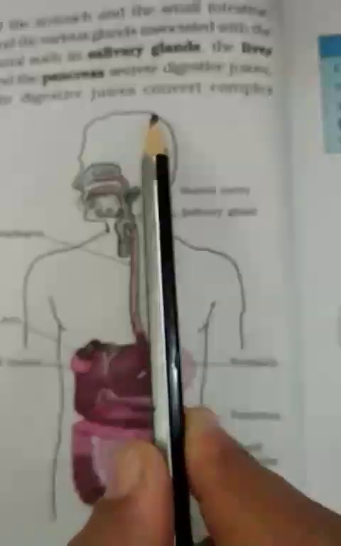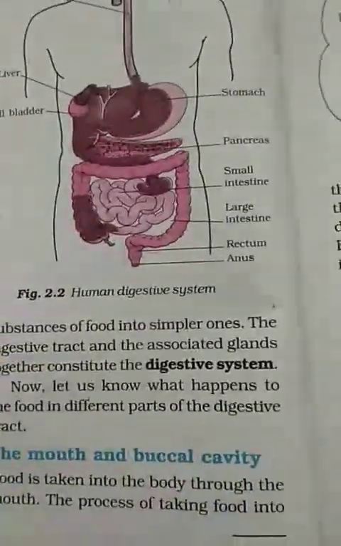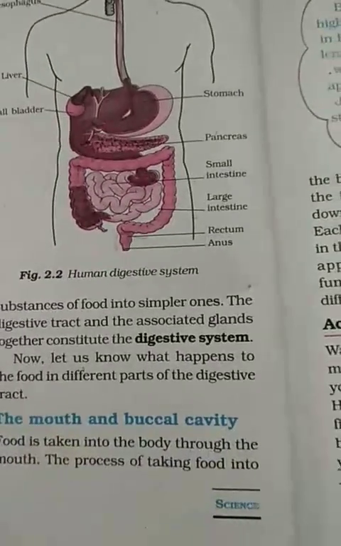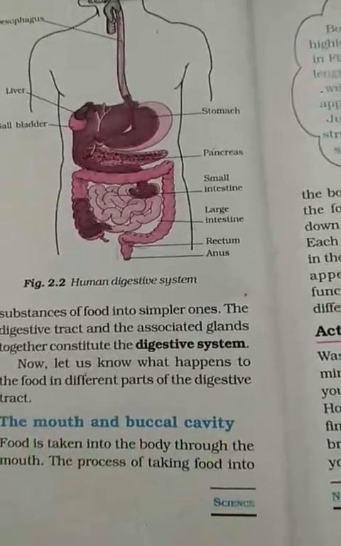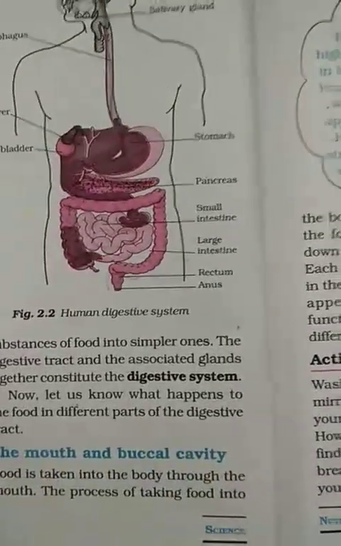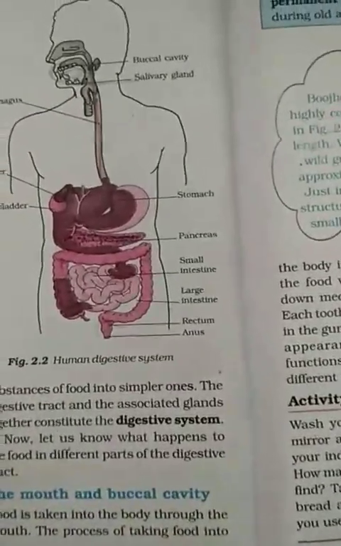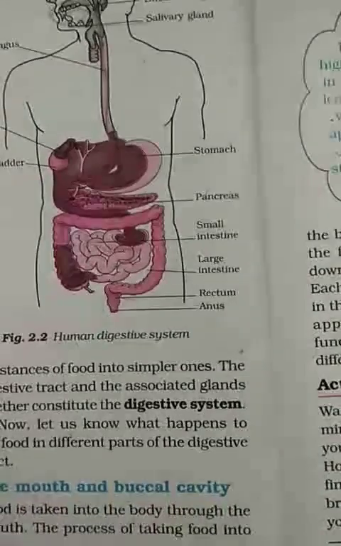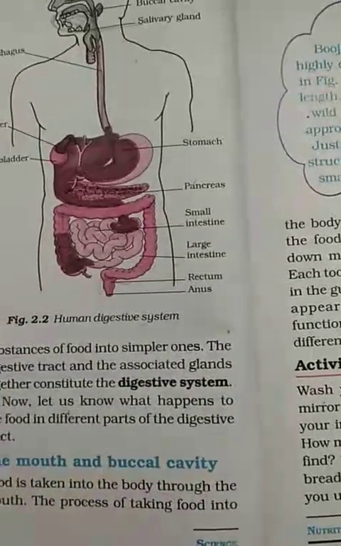The digestive juices convert complex substances of food into simpler ones. The digestive tract and the associated glands together constitute the digestive system.